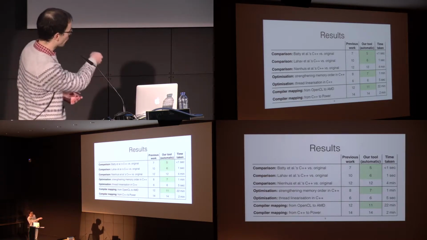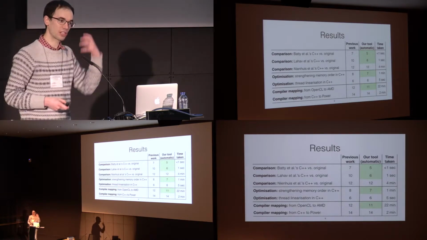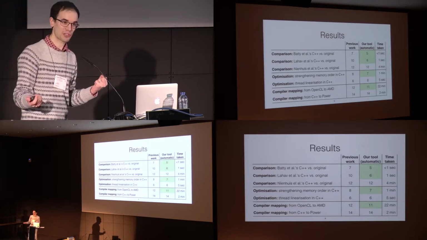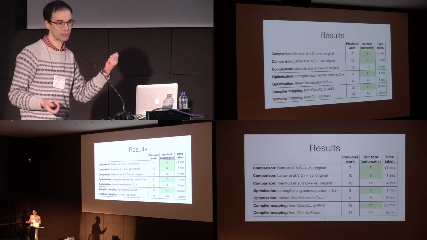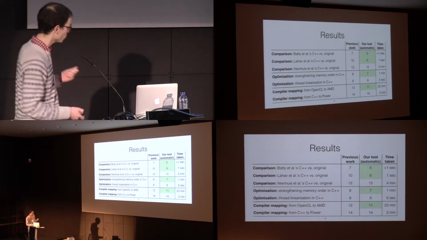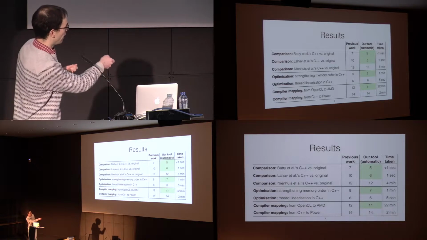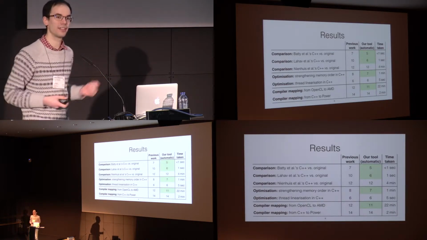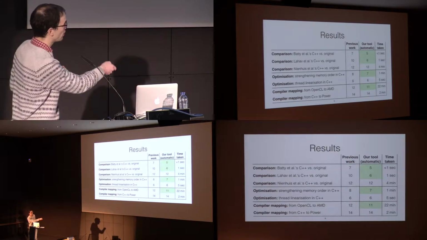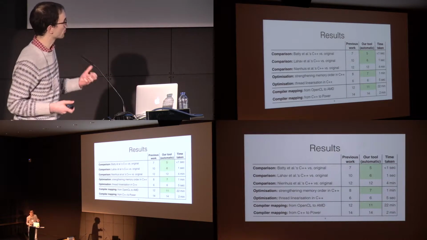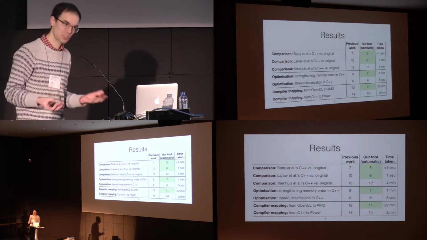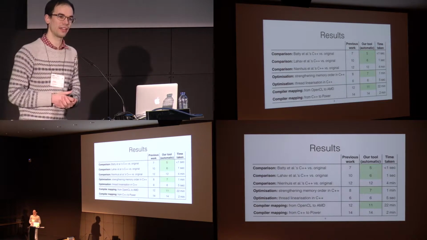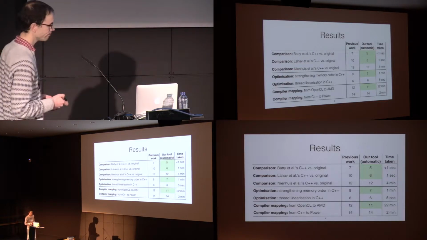And it's a similar story for compiler mappings. So we looked at compiling OpenCL to AMD graphics processors, and also C++ to Power multiprocessors. Again, previous works have shown that there were bugs in these mappings, and our tool, without any guidance, was able to automatically recreate similar instances of the bug, and in one case, smaller than the manually found programs.